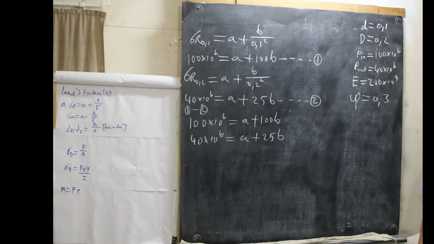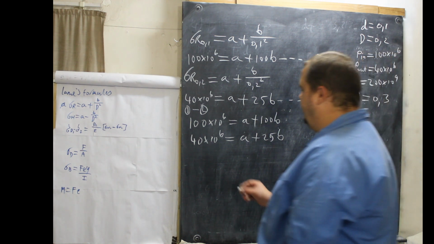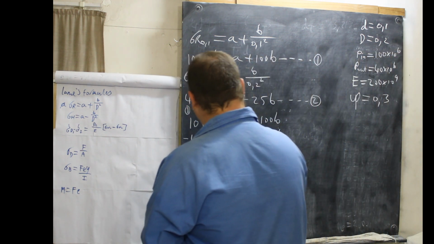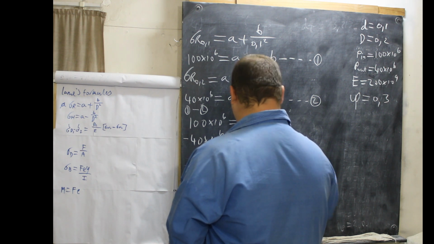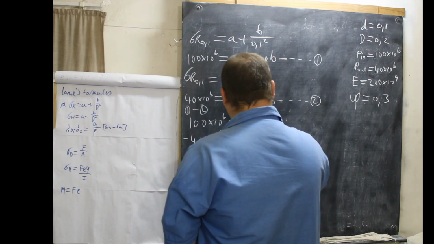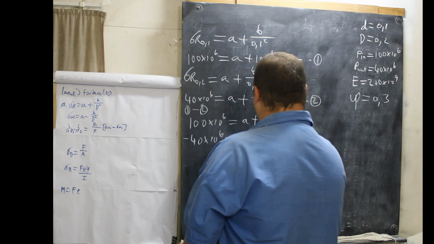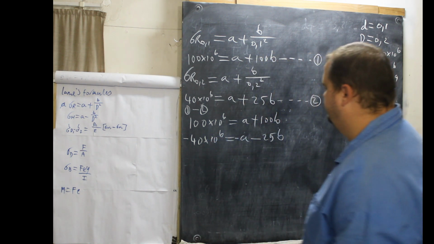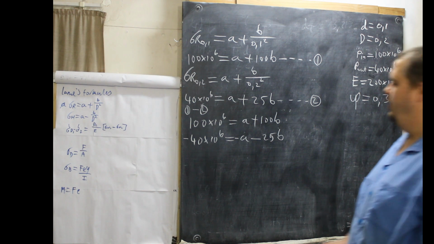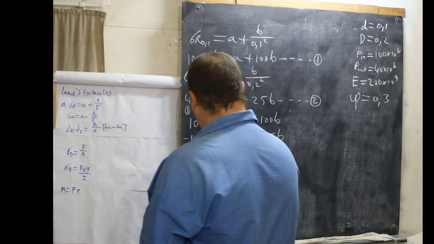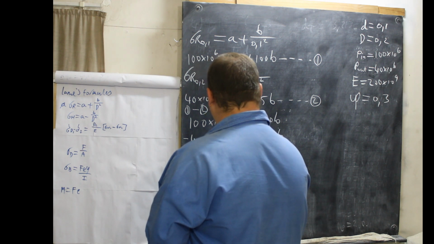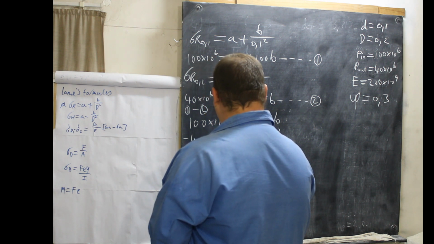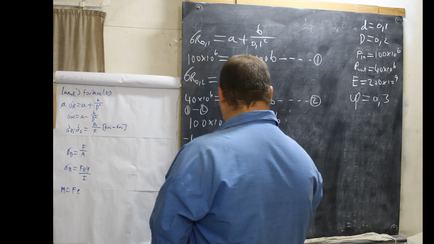So, now this is 1 minus 2. So we replace everything with a minus. Minus, minus, and that becomes a minus. And that becomes a minus. So our answer will be 60 times 10 to the 6 equals 75B.